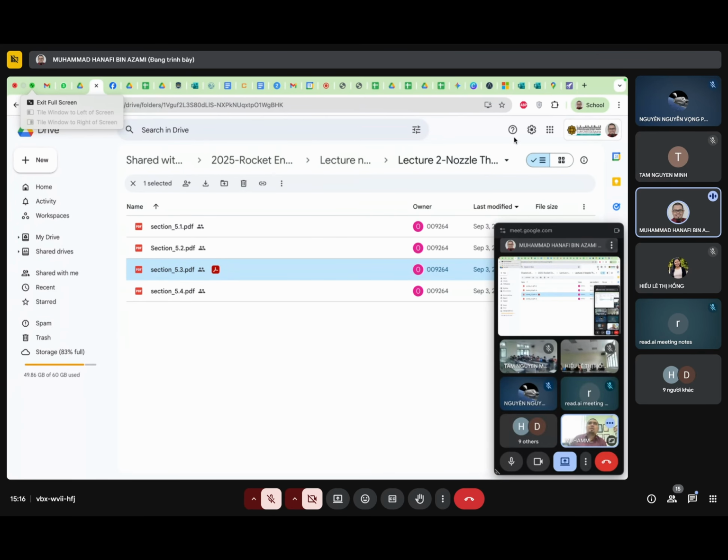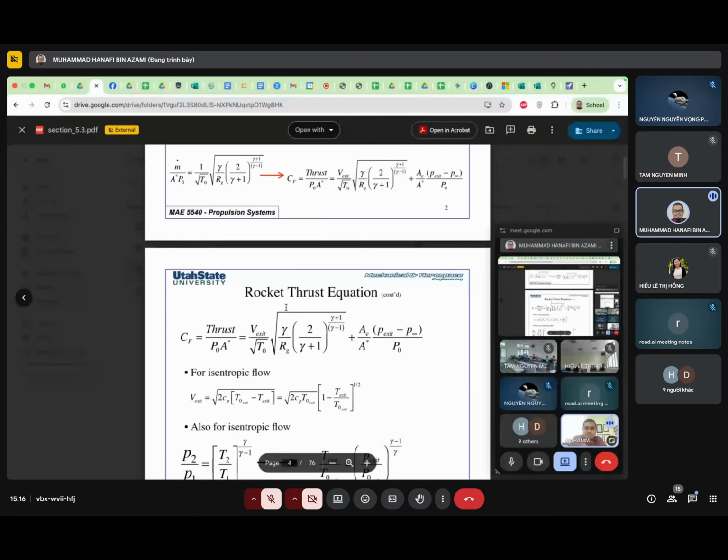I will try to find back the Excel spreadsheet that you can use to calculate all those parameters, because this is very tedious, especially if you want to find the design condition of the CF, coefficient of thrust, and so on. The equation is very long. See, like this one, CF, the equation is very long, and to do this manually is kind of hectic.